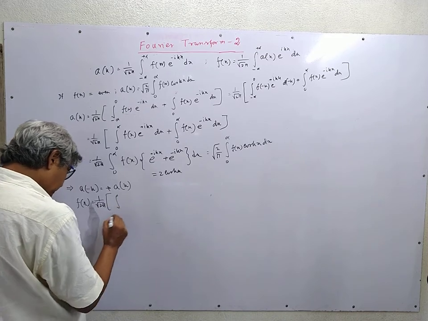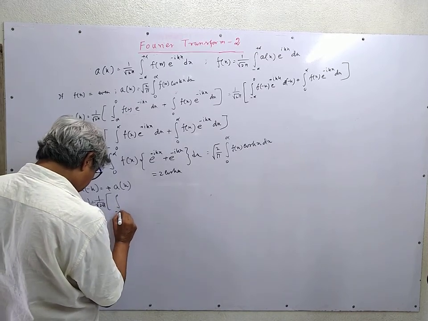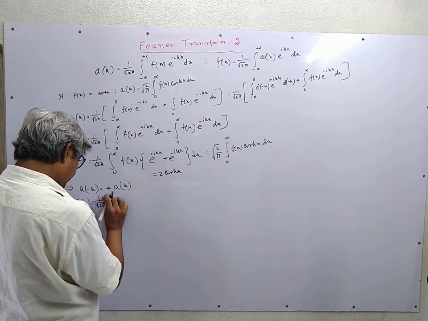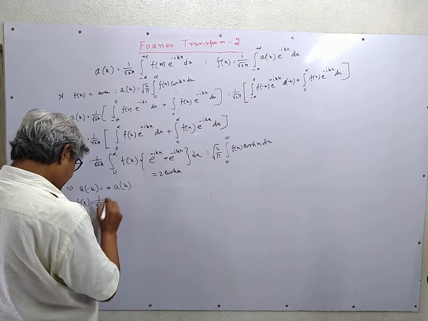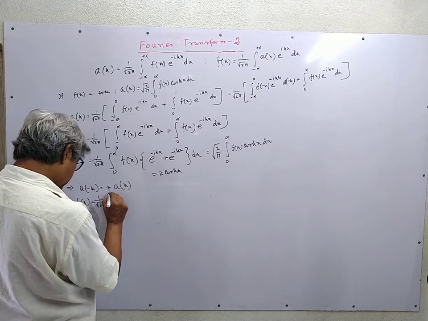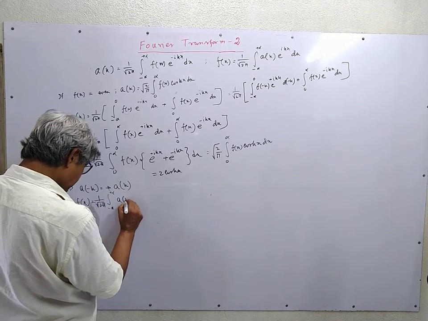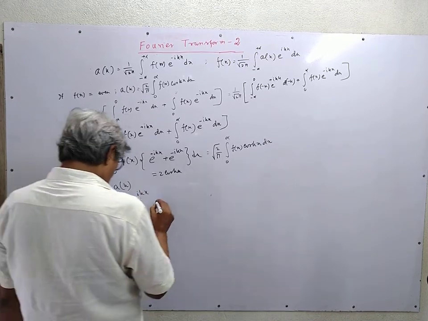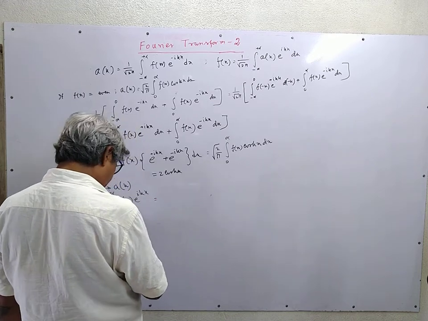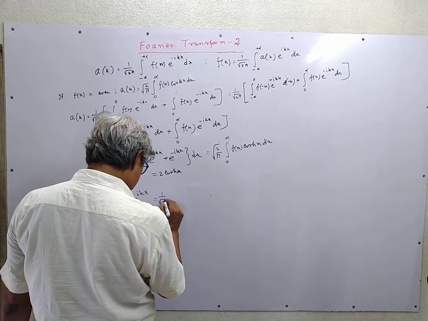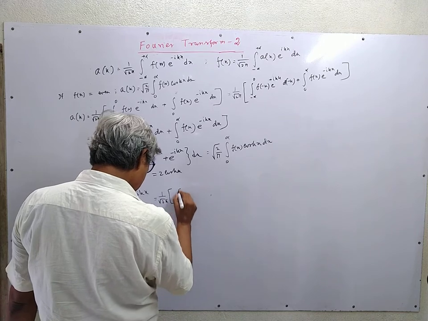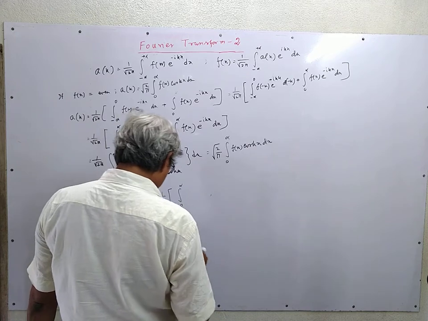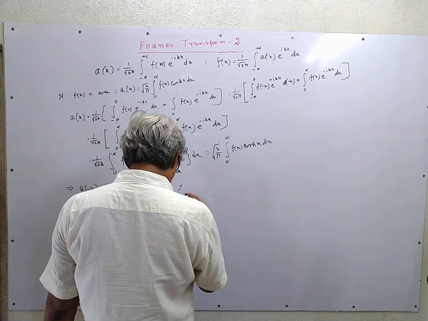It can also be divided into two parts. So first let me write the basic definition of f of x, which can be written, since a of k is even, as following exactly the same procedure that I have adopted over it.